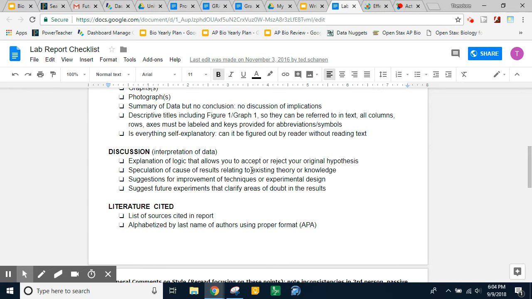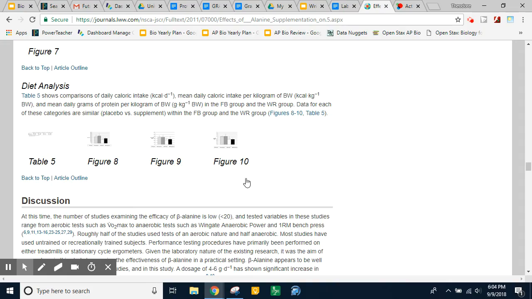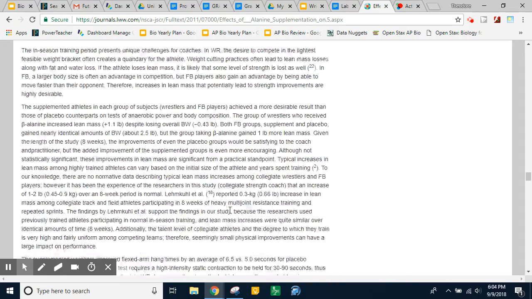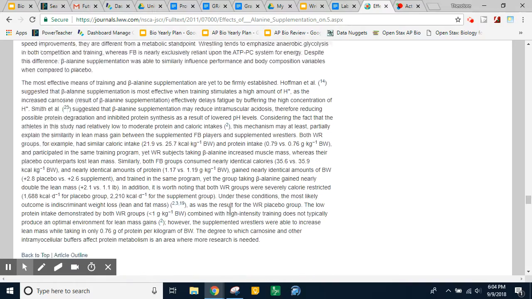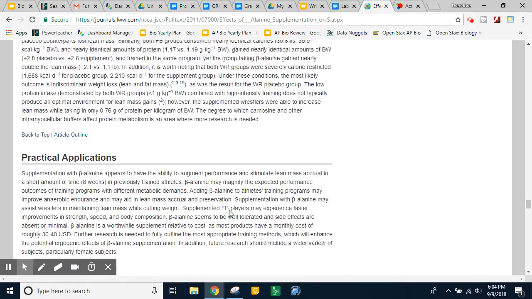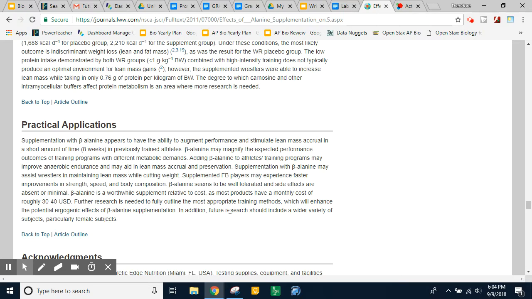Speculating towards the cause of the results, suggestions for improvement, the experimental design, future experiments that might clarify areas of doubt in the results. So this discussion is a major section that really gets into the heart of the analysis of the research, how good it was, and applications.